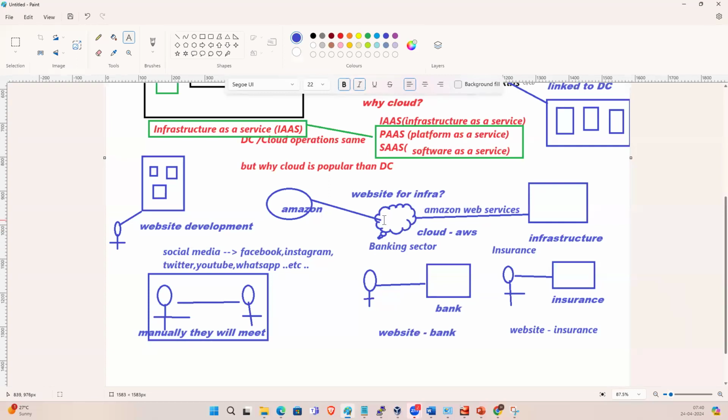The cloud and the DC: the cloud is nothing but an API, a website. Finally, it connects to the data center only. If you want to create a VM or an instance server, a DC is linked to this website.